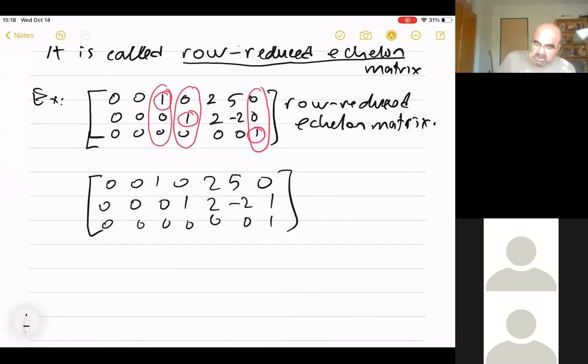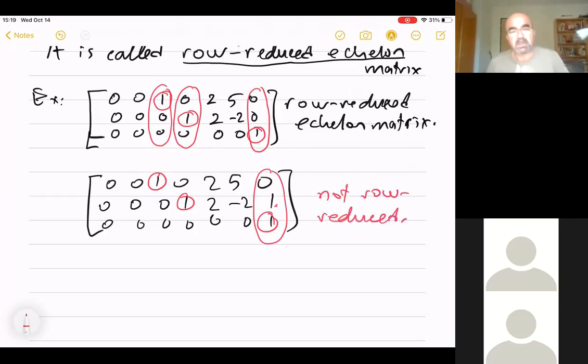So the leading entries are still 1, 1, 1, but in this row, this one is not the only non-zero entry. It can be 1 or 2 pi, it doesn't matter, any non-zero number, so that this is not a row reduced matrix.